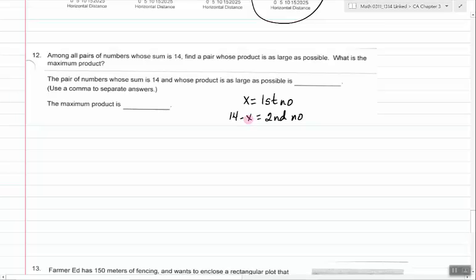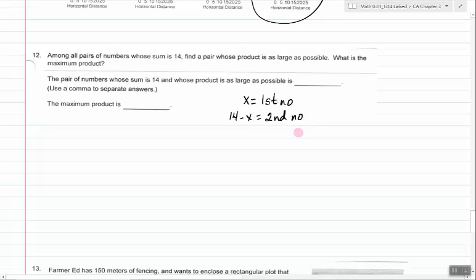And you could see that if one of them was 4, the other one would be 14 minus 4, which is 10. Okay, so this is going to be helpful to you.